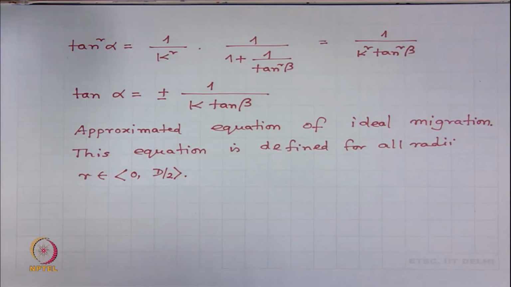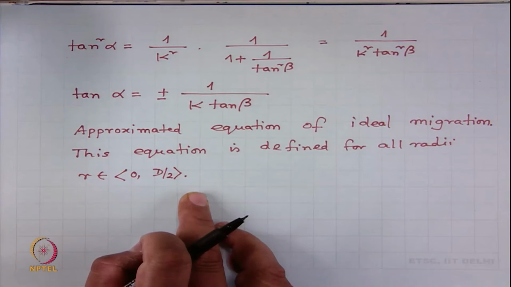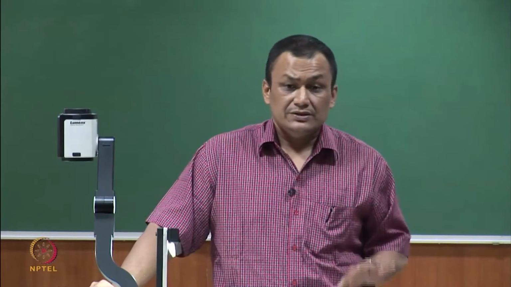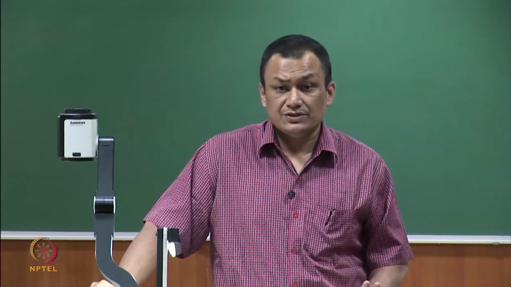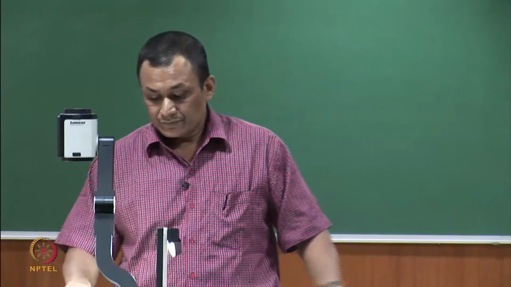So, one problem is over. What was the second problem? The second problem of the fundamental equation: the analytical solution of the integral was not possible. Let us see if it is possible here.